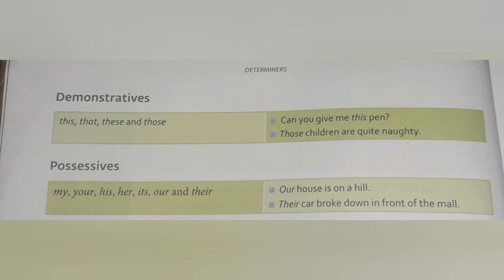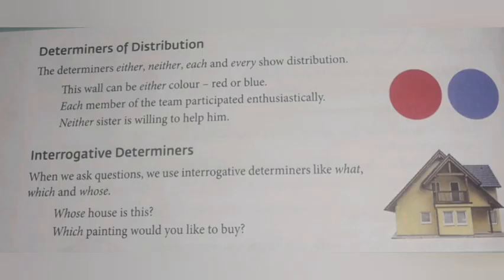And our next is determiners of quantity. They tell us how much or how many. Our next is determiners of number, which tell us how many, such as cardinal numbers. And our next is determiners of distribution.